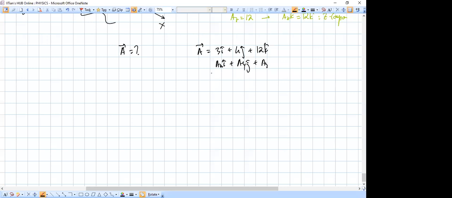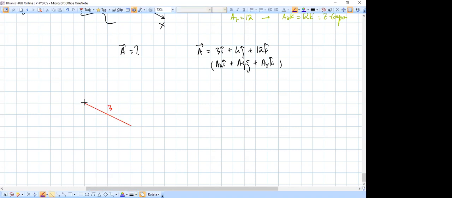So to understand the vector E, what we'll do is we will draw a cuboid, whose this side is 3 units.